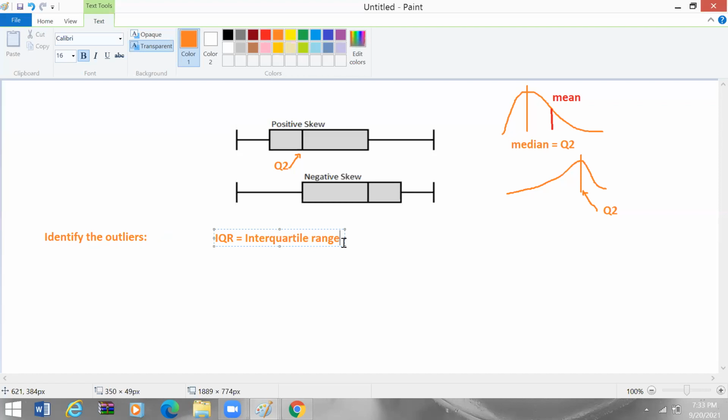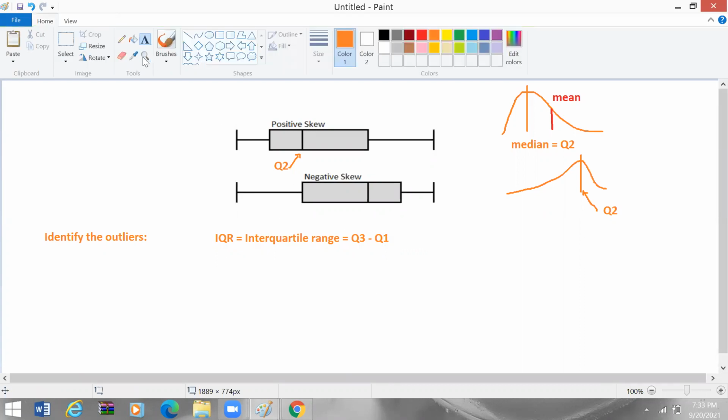It can be computed by Q3 minus Q1. So what is the interquartile range? Let me mark this. This is Q2, and we don't really care much about Q2.